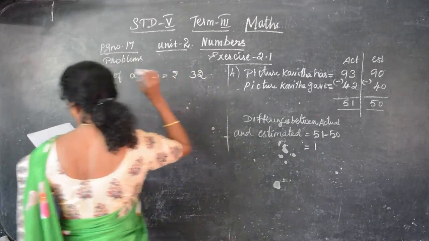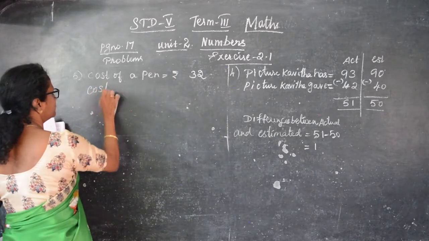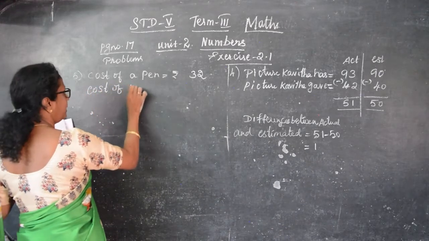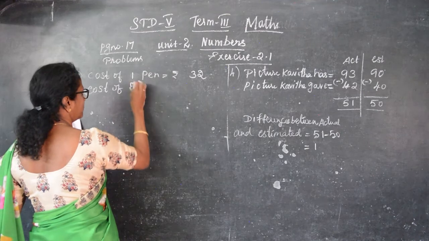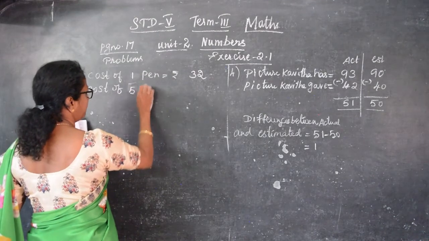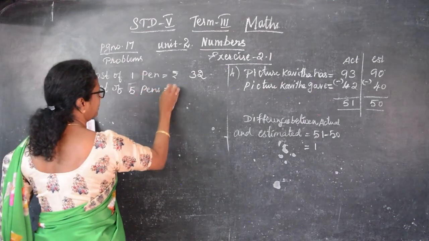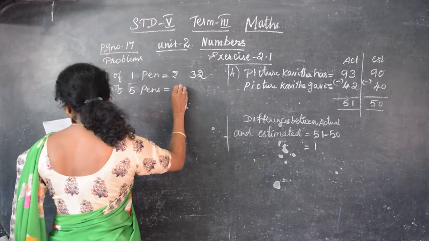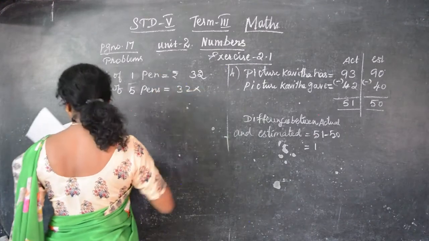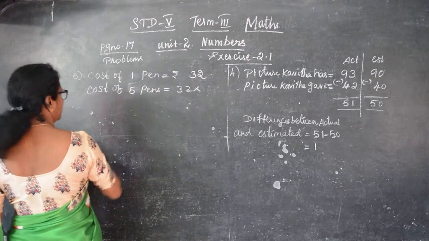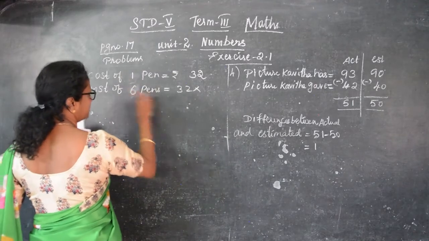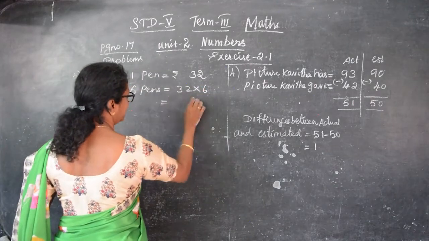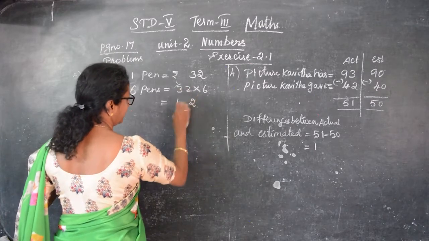Okay. Then cost of 5 pens. A pen means 1 and some. Cost of 5 pens is equal to 32 into 6 pence, I'm sorry, 6 pence. So into 6, that is equal to 6. 2s are 12. 18 plus 1, 19.